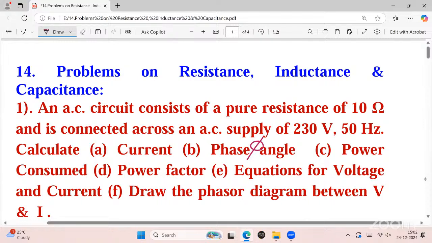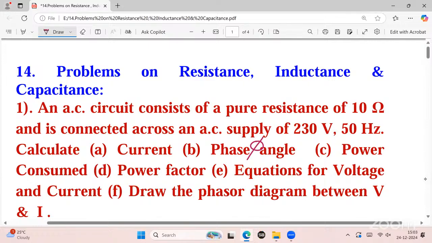Clear? Write down the equations. The equation of voltage is V is equal to Vm sin omega t. What is the current equation? I is equal to Im sin omega t.